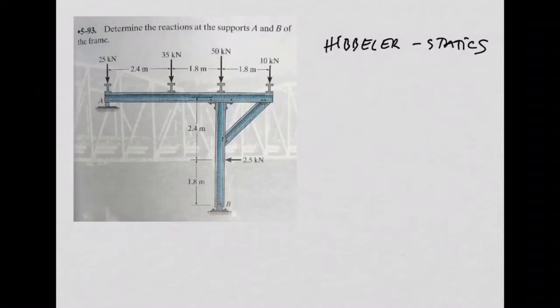So this is a beam here, okay? And you also have this column here. And then the beam has a support at A and a hinge at point B. Okay? So the supports are very important.